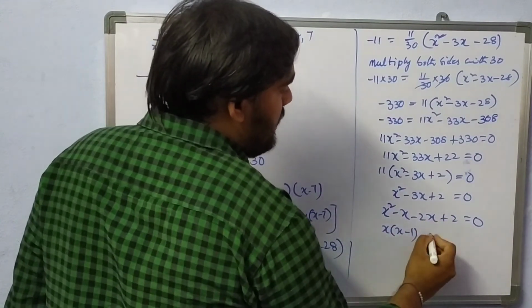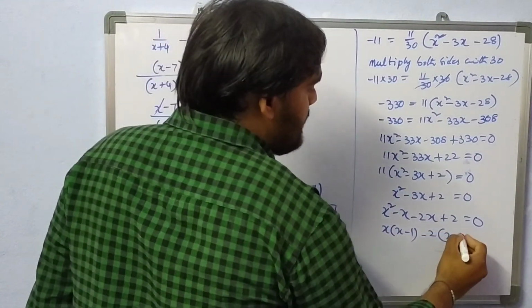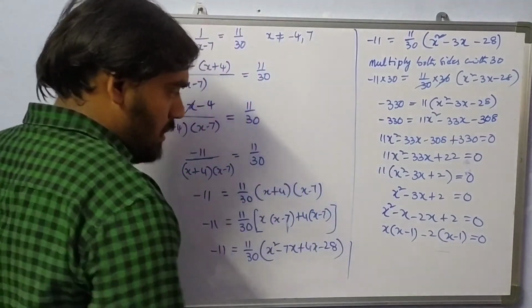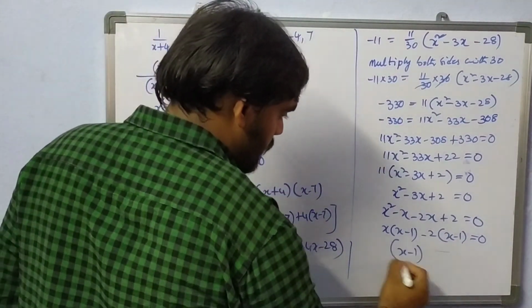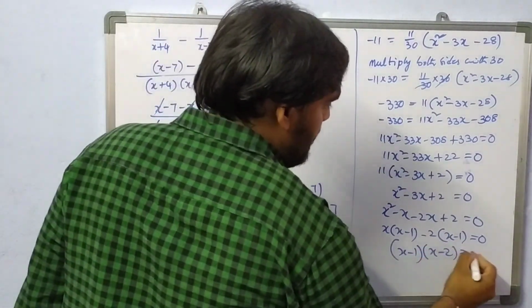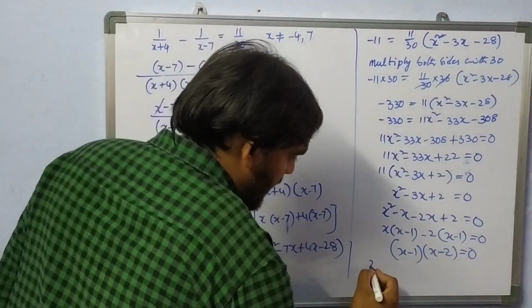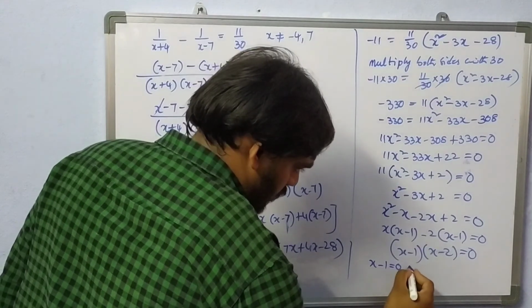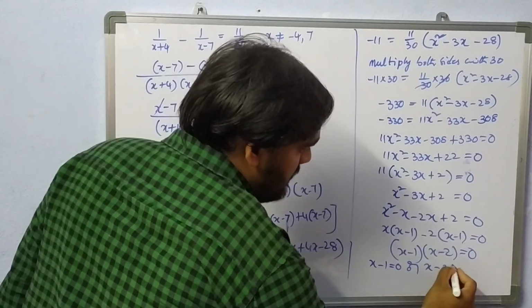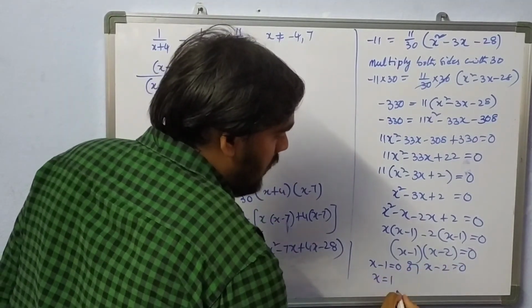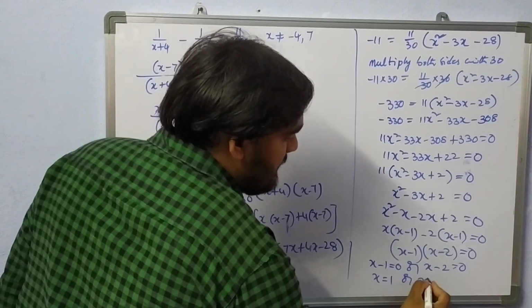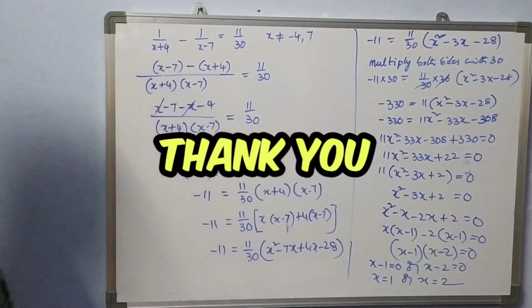From these two things we can take minus 1 as common, so x minus 2 is equal to 0 we will get. Now x minus 1 into x minus 2 is equal to 0. Am I correct or not? Now we will get x minus 1 is equal to 0 or x minus 2 is equal to 0. So x is equal to 1 or x is equal to 2.